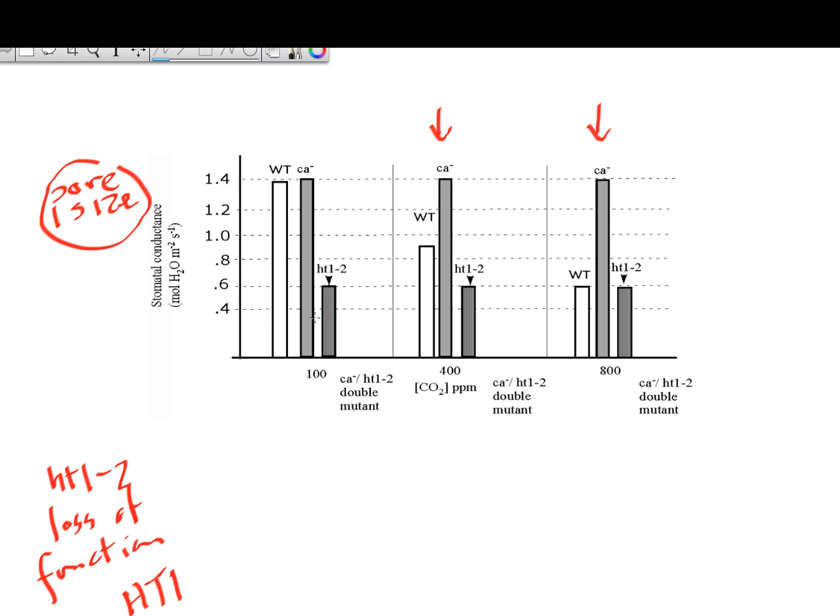Okay, so it looks to me as though there's a very reduced opening in all cases, all environmental cases, when HT1-2 is the allele, so no HT1. So if no HT1 leads to closed stomata, then HT1 must open stomata.